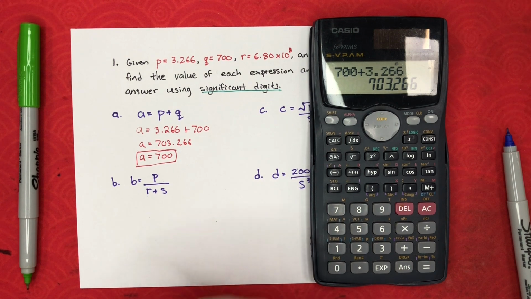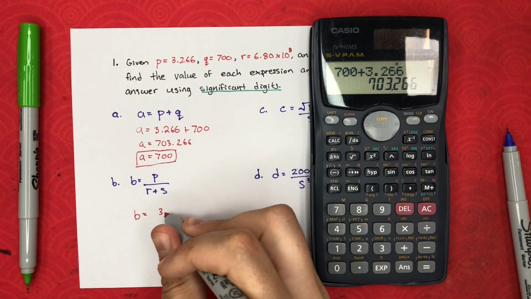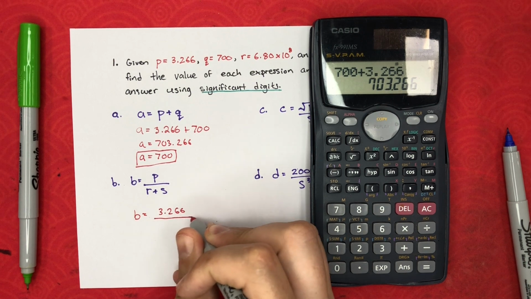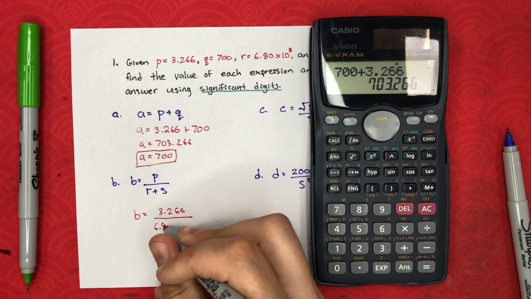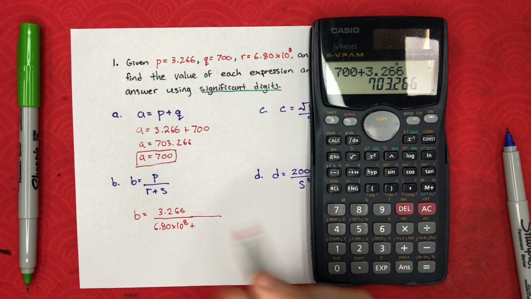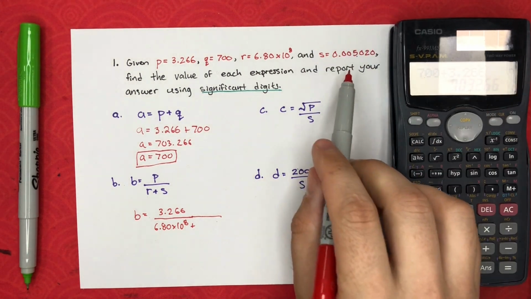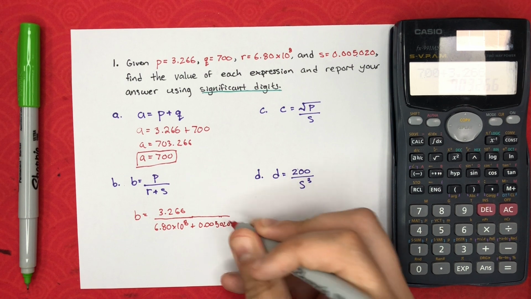The next thing we're going to do is this question B down here. Substitute in our values. So P is 3.266 divided by R is going to be 6.80 times 10 to the 8, and S, well, S is going to be 0.005020.